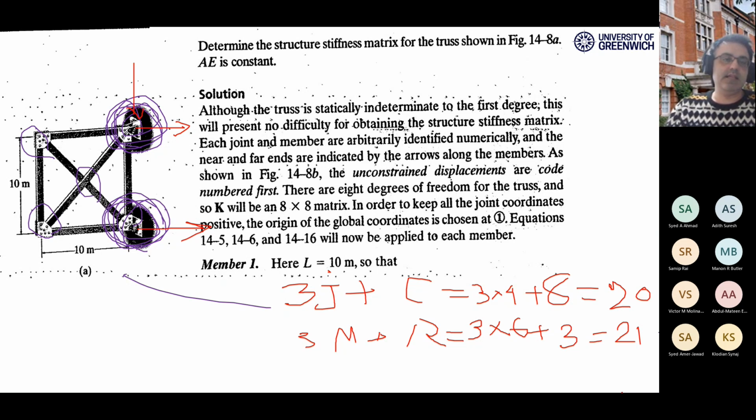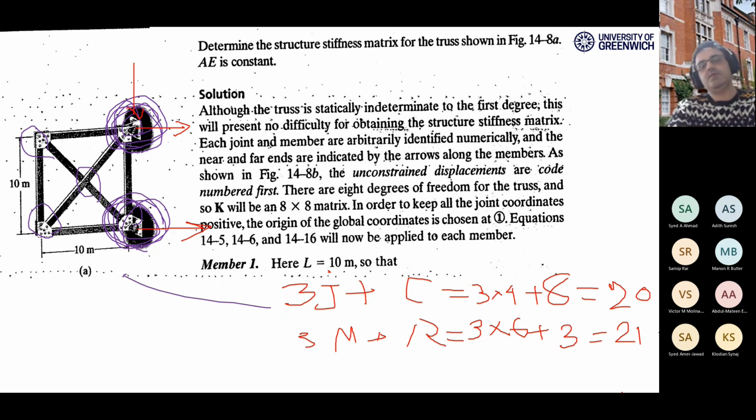And this is an advantage of approaches like the direct stiffness method or matrix analysis we're implementing, because we don't have any hassle in terms of whether the structure is indeterminate. We only follow the same procedure we just followed in the previous example.